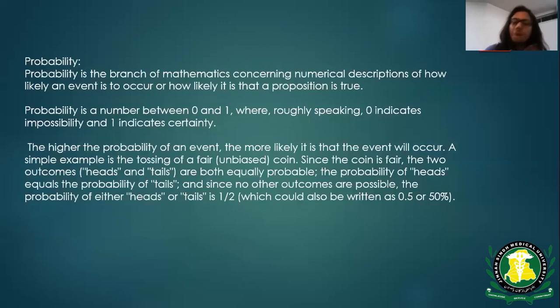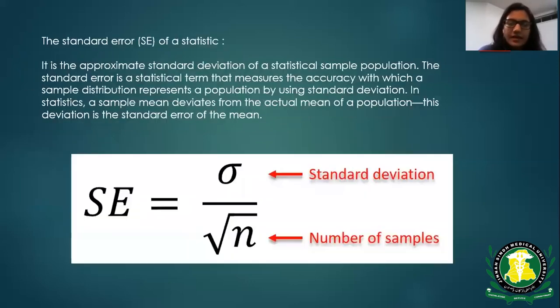So probability is the approximate chances that we have for a number to occur, or a data point in a set of data, right? So probability is something that you should know and be able to calculate. Again, standard error is not very important, I think, from the fourth year students' point of view.